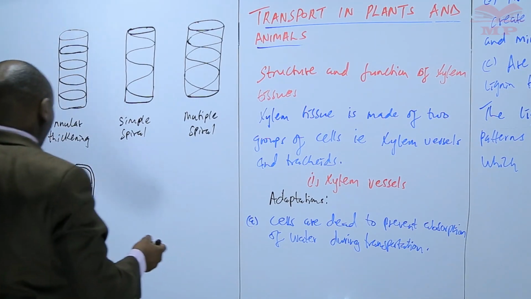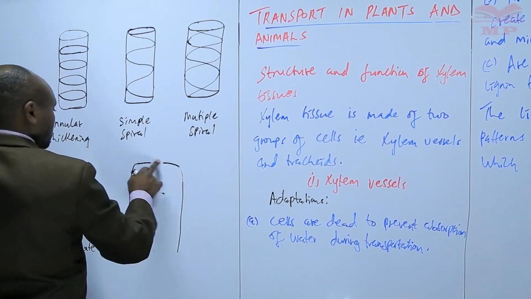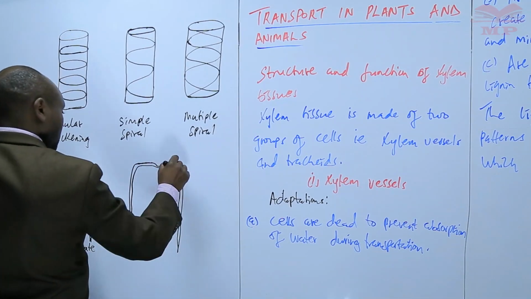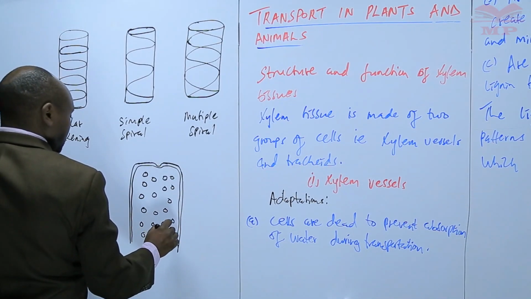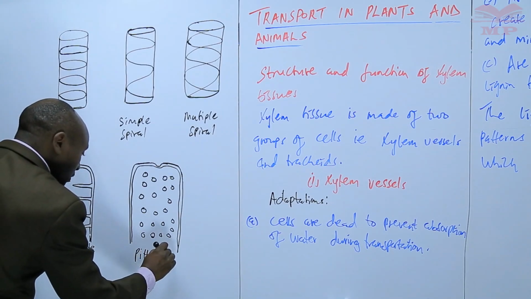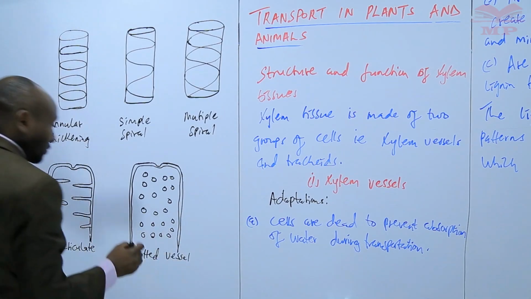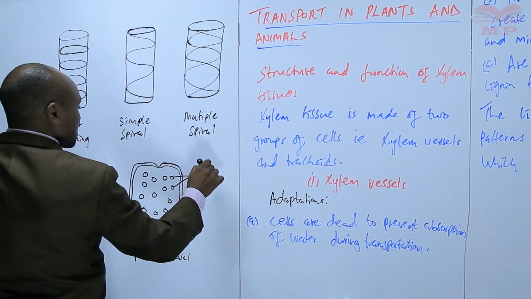And then finally, we have another one. This one is called the pitted vessel. So these are called bordered pits.